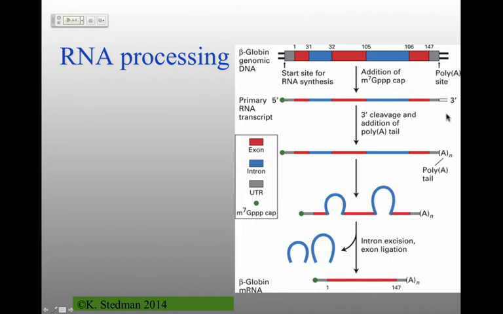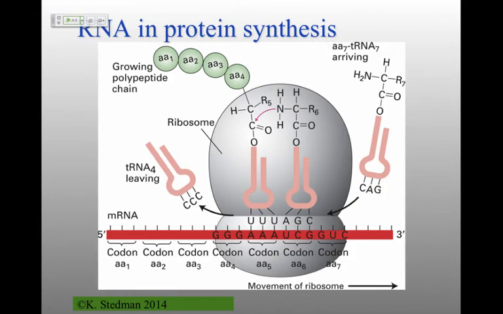You put on a poly A tail, then you chop out all of these introns, and finally you end up with a messenger RNA down here at the bottom, which can actually be translated. And again, we'll talk a lot more about these individual steps later on in the class. But now I want to switch gears and talk about translation.